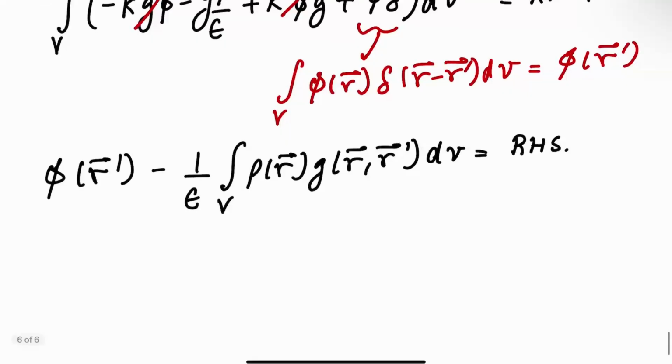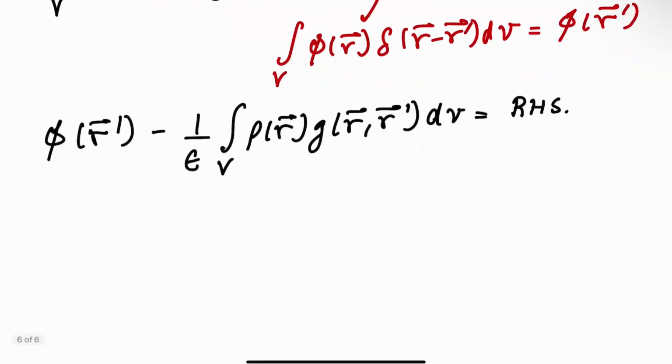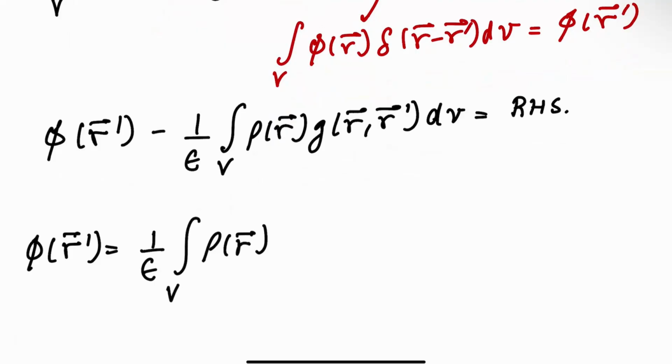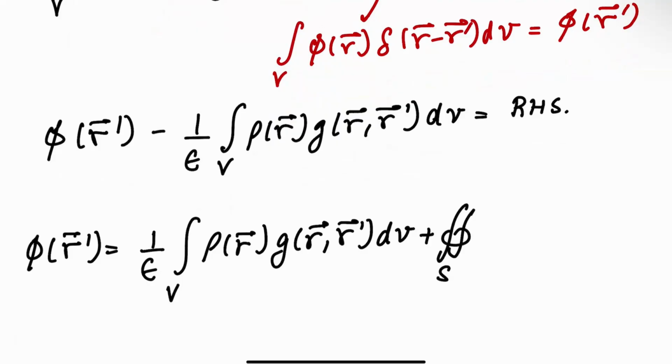Now I can pull this term to the right hand side, and I can write it as phi of r prime is equal to 1 over epsilon volume integral of rho of r G of r comma r prime dV, plus the closed surface integral of G d phi over dn minus phi dG over dn, dS.